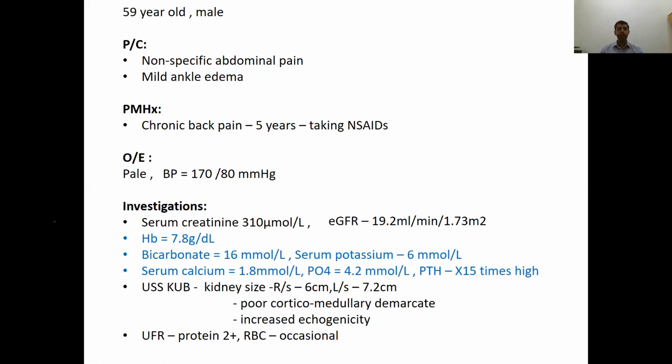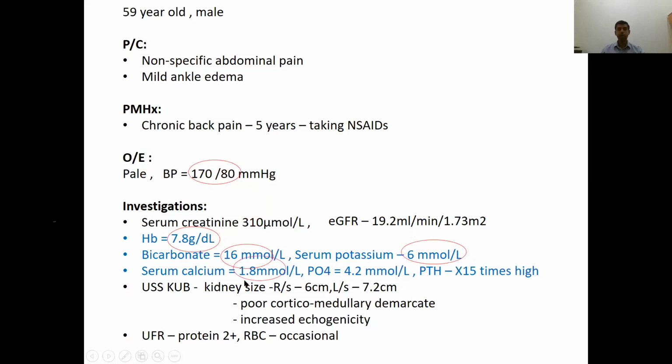By looking at that, what complications has this patient now developed? You can see this patient's blood pressure is high, and the patient is anemic. Bicarbonate is 16, and normally it should be between 22 and 26. This is low, so this patient has metabolic acidosis. Potassium is high; normally it should be between 3.5 and 5.